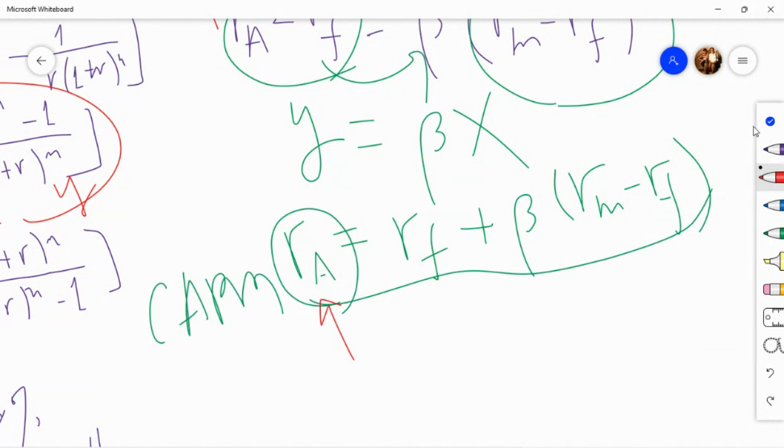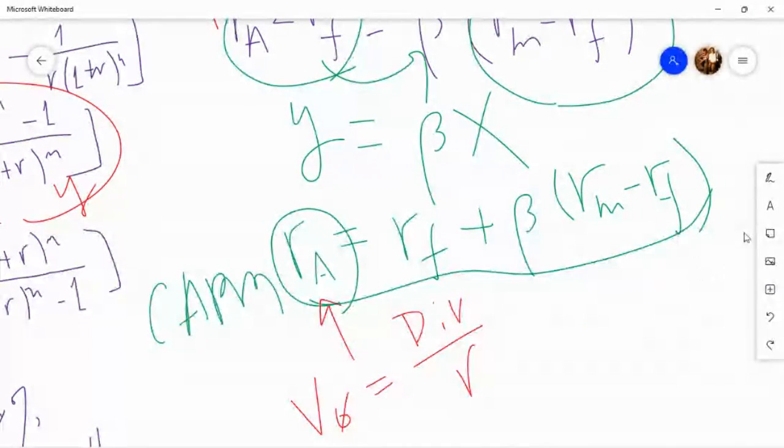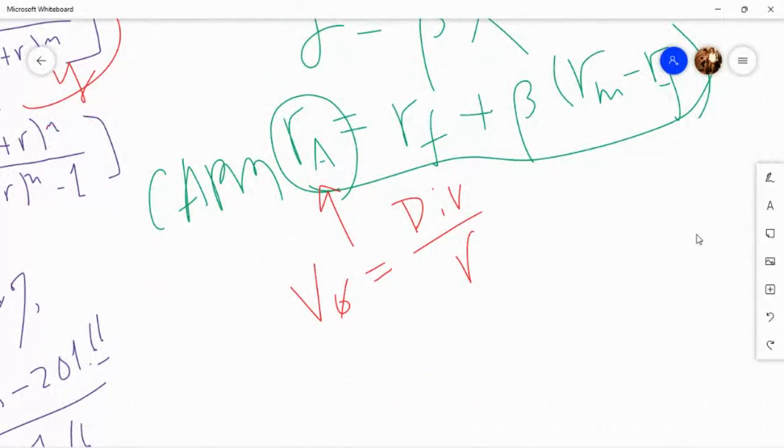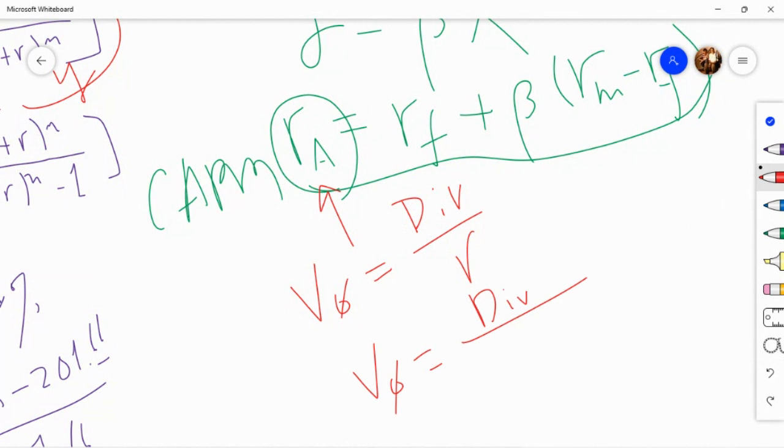Think about it. All of these formulas, right? We assumed the zero growth model, dividend over R, and the Gordon growth model, V0 equals dividend at time t plus 1 over R minus g.